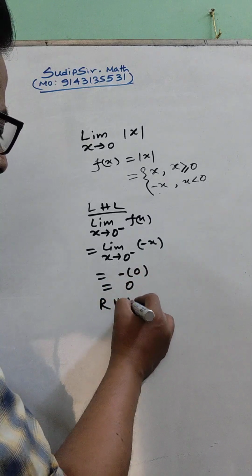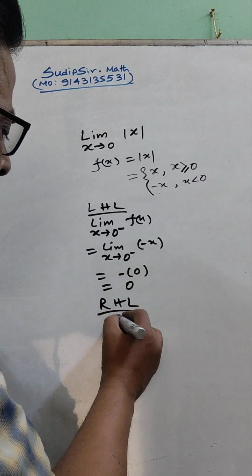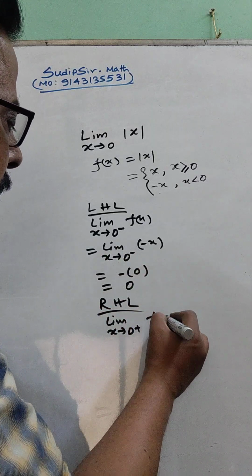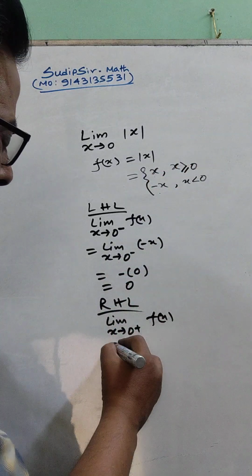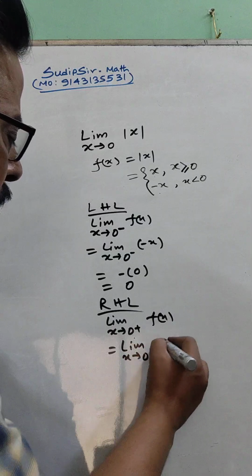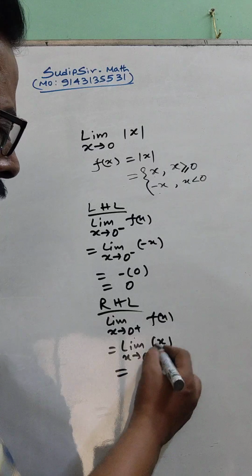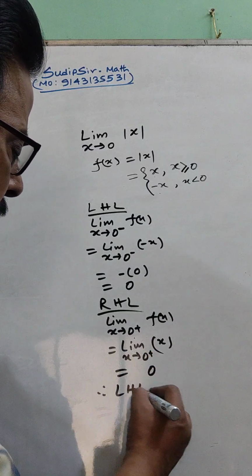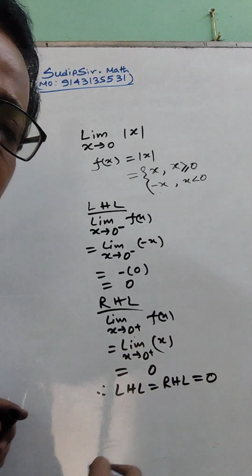Now RHL will be limit x tends to 0 plus f(x). For 0 plus, f(x) is x. Now put this value 0. Therefore LHL equal to RHL equal to 0.